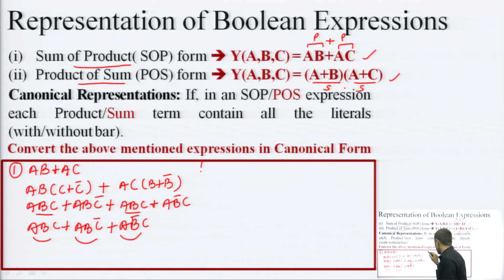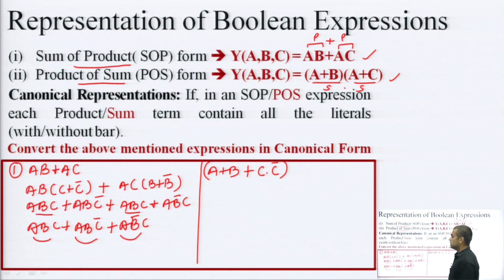Similarly, I can convert this non-canonical POS into a canonical POS. A plus B: variable C is missing here. So, I will add C dot C bar to it. C dot C bar is equivalent to 0, so I can add 0 to any sum.